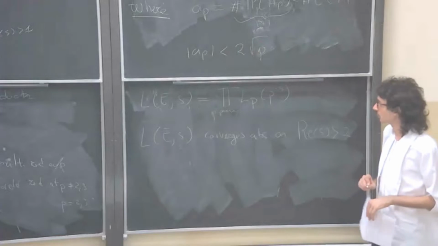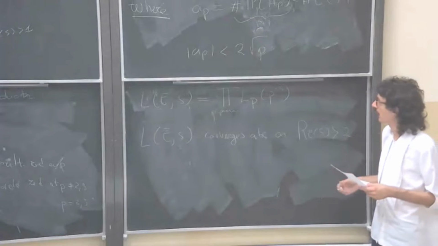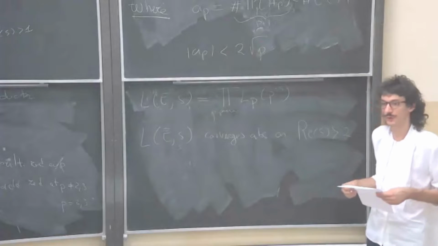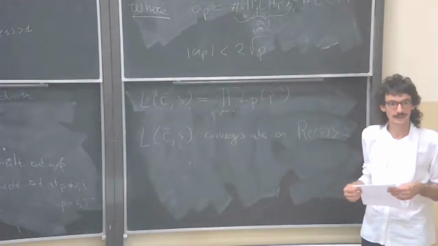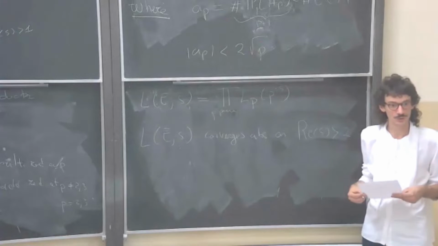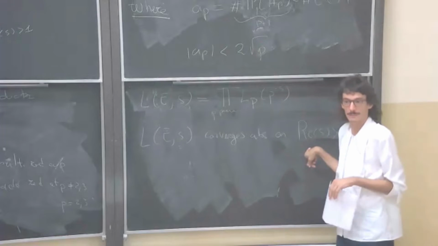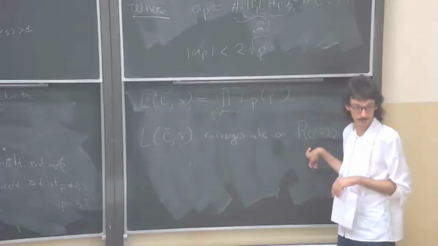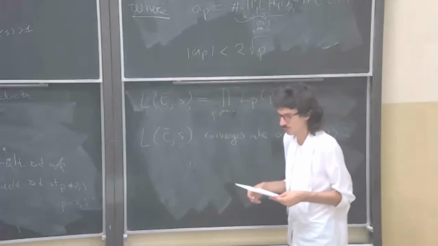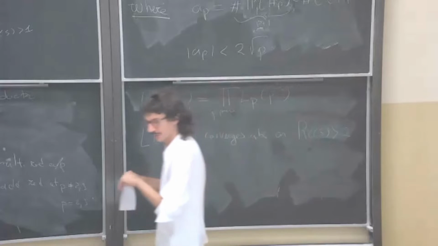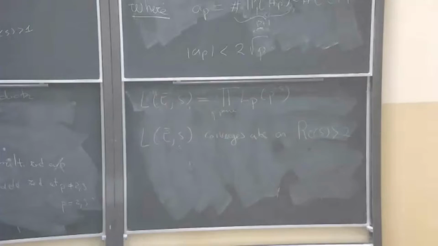Now, what we would like to do is to show we have a functional equation for L of E, S, and therefore analytic continuation, and we can finally talk about the value of this function at 1. But to do so, we have to do a lot of work and talk about modular forms. So, do you want to take a pause now, or should I get into modular forms?